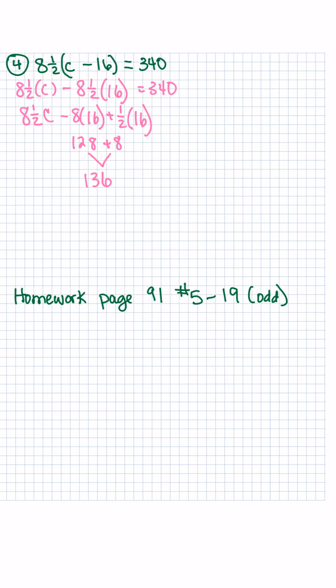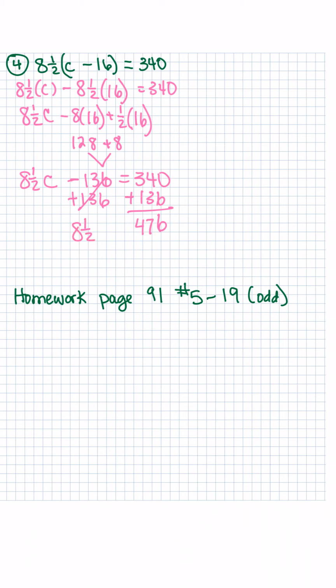So now we can put this on down, and that is a subtraction sign. So we have 8.5 C, subtract 136 equals 340. So to get rid of the 136, we're going to add 136 to both sides. It's going to equal 476.